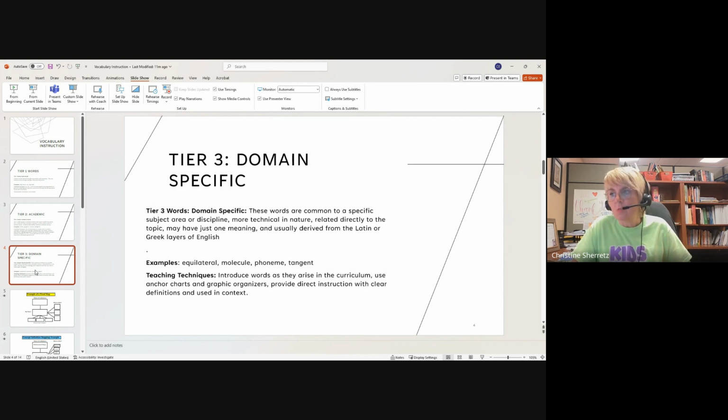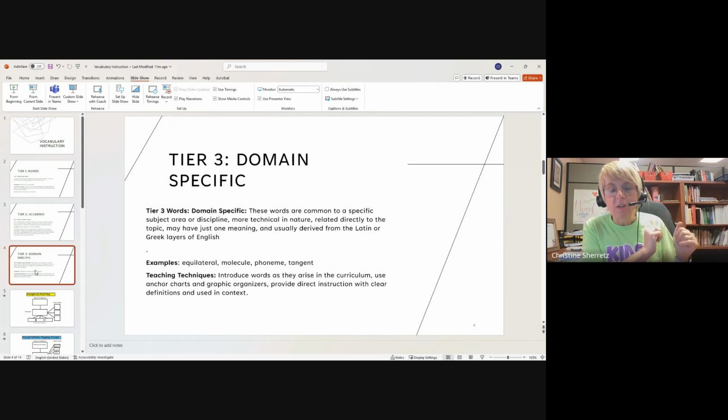We're going to introduce words as they arise in the curriculum. We want to use anchor charts, graphic organizers, and we do need direct instruction for domain specific words. So if you are a science teacher, you're going to have domain specific words for science. For reading, I will have specific ones for reading.